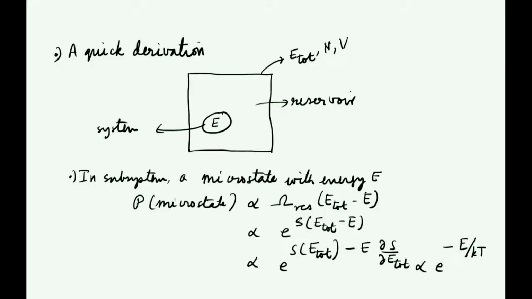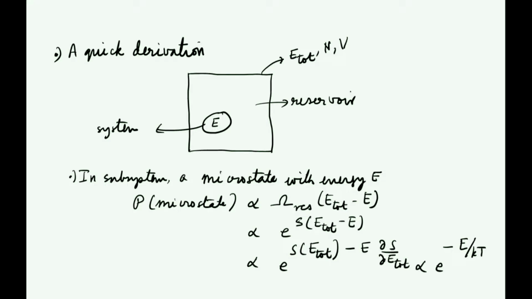In this system, you take a subsystem, a hand waving derivation, let us say. A subsystem with energy E, which can exchange energy with the reservoir. So the remaining part I'll call the reservoir, and this subsystem I'll call the system of interest.